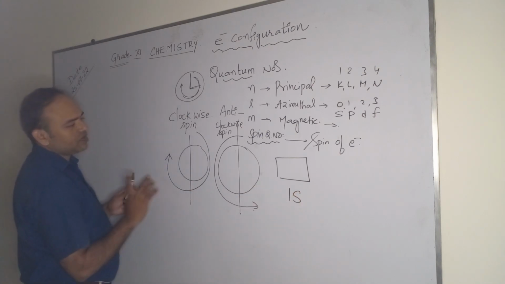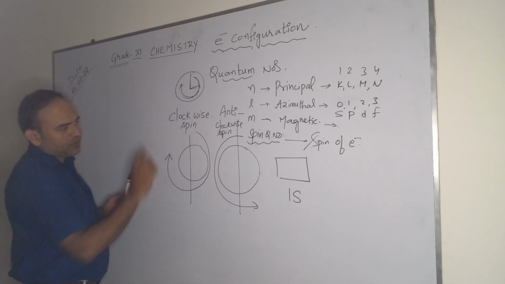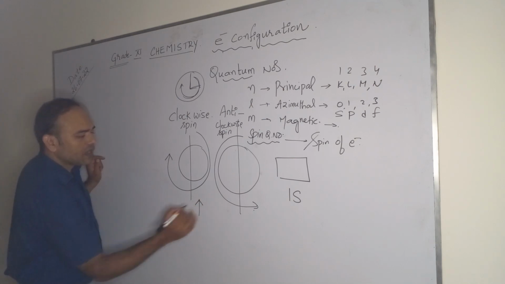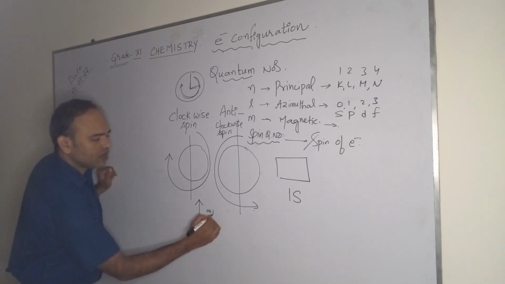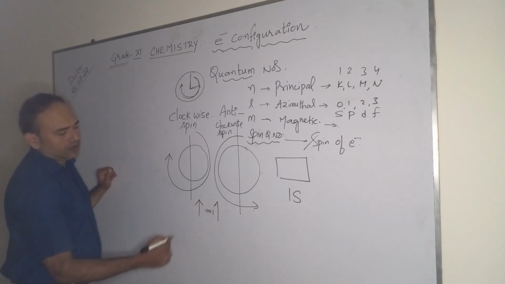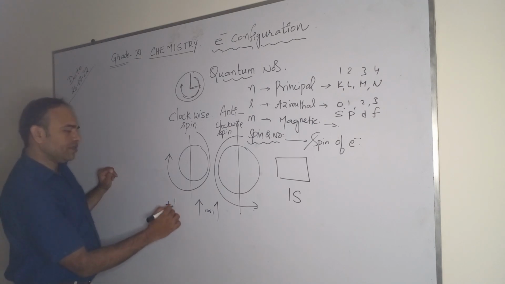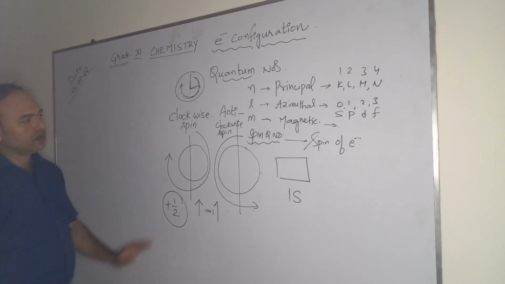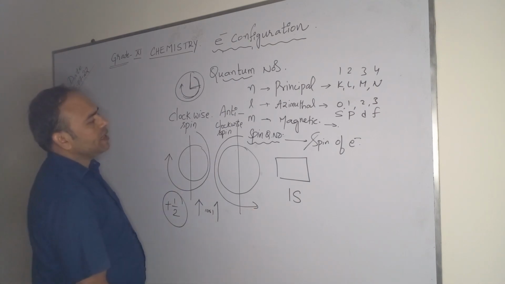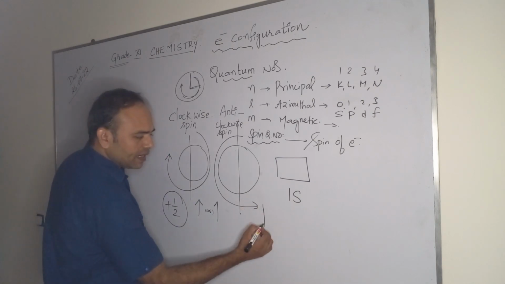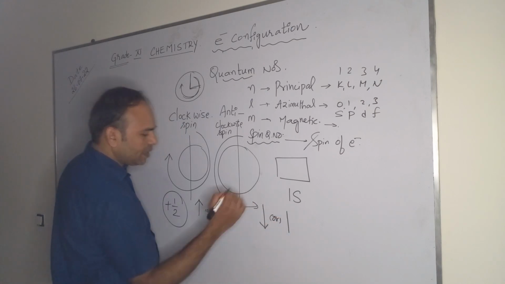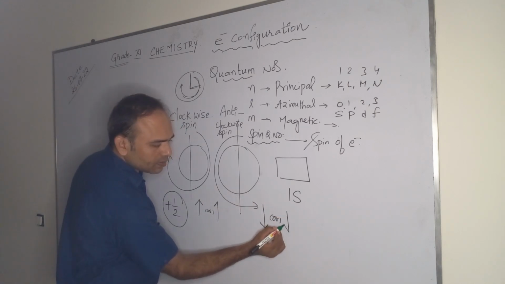In that, the first electron, which has a clockwise spin, is always represented using an arrow mark upward. We can write a full arrow mark, or you can also take a half arrow mark like this. And what is the value for this? It is represented as plus half. Now come to the anti-clockwise spin. The second electron, which is showing anti-clockwise spin, we will write with an arrow mark downwards, a complete arrow mark, or you can also write a half arrow in this manner.